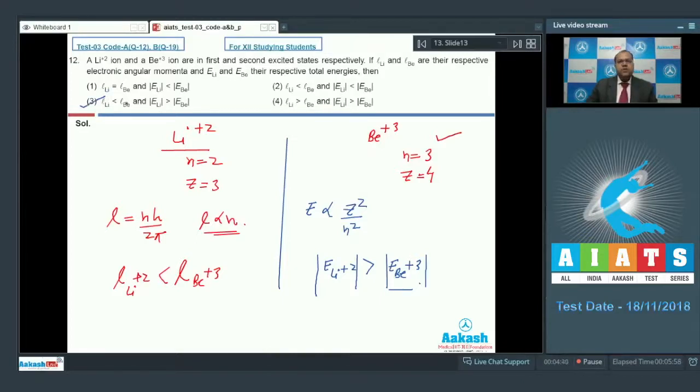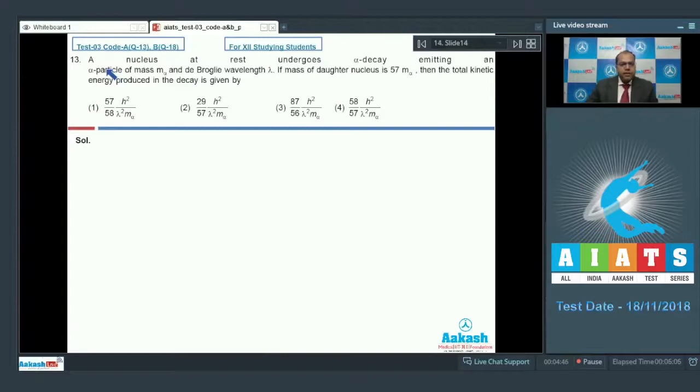Let's move to question number 13. In question number 13, a nucleus at rest undergoes alpha decay emitting an alpha particle of mass m alpha and de Broglie wavelength lambda. If the mass of the daughter nucleus is 57 m alpha, then we need the total kinetic energy produced in the decay. We know that the total kinetic energy produced in the decay is equal to the Q value of the process.